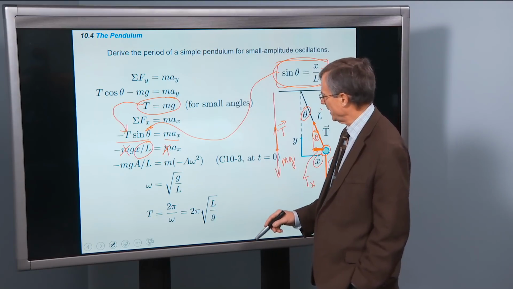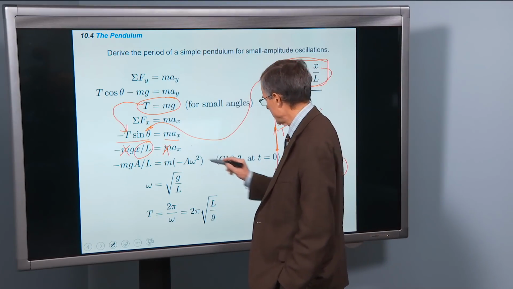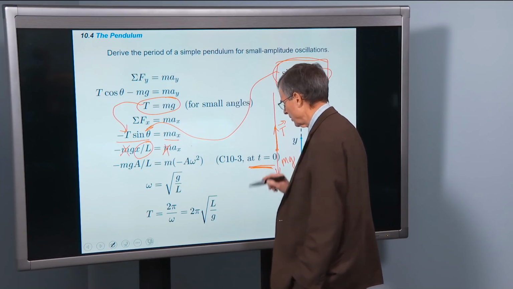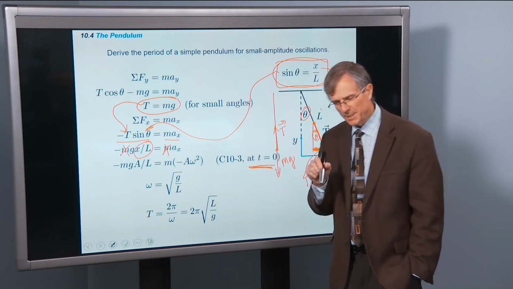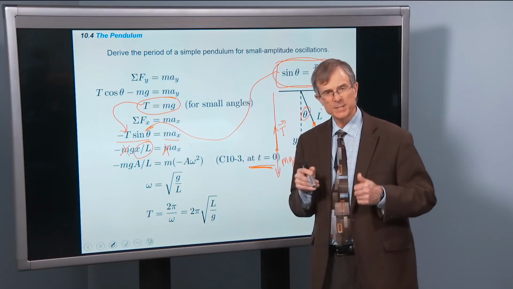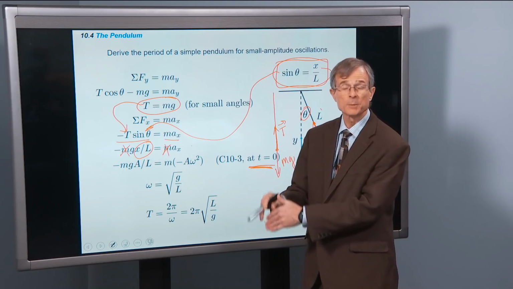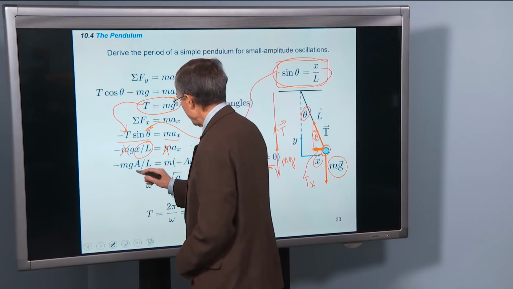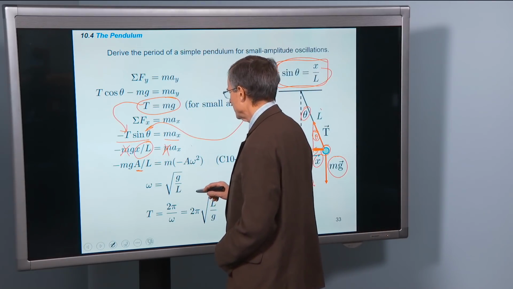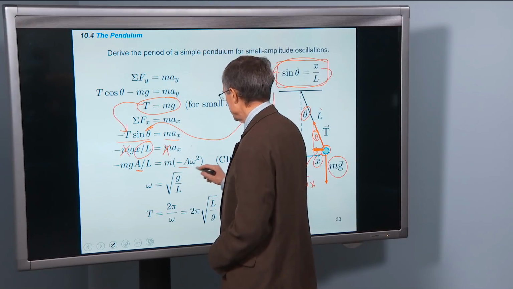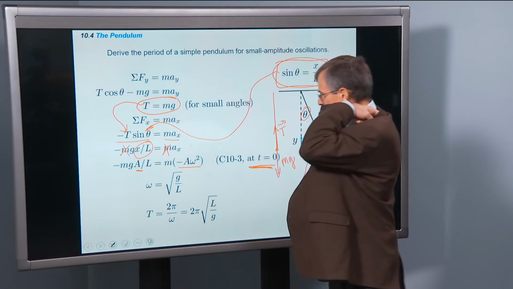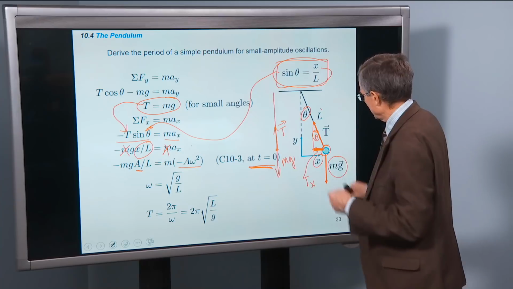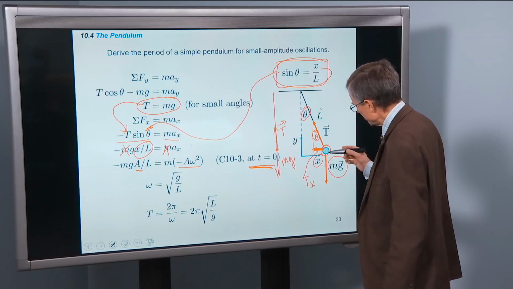And I'm going to then apply this equation at t equals 0. And as you remember, at time t equals 0, it's at its maximum displacement and its maximum acceleration. Both reach their maxima. So x is A, acceleration is minus A omega squared, because x is positive and acceleration is going to be negative.